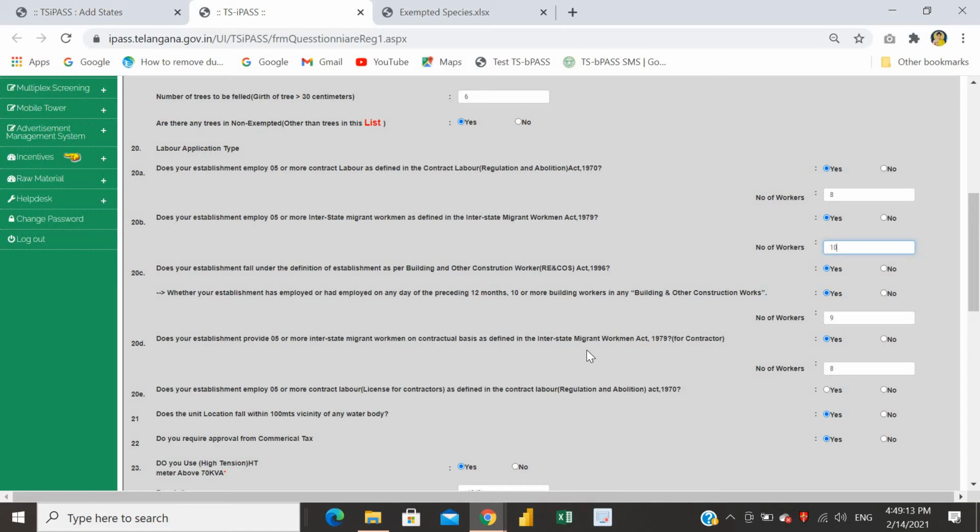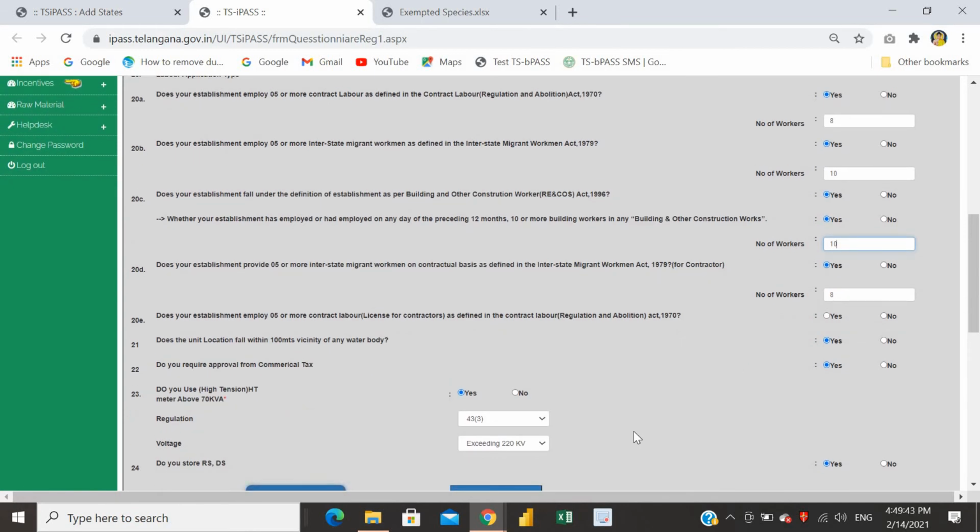So you can just look at the definition and see whether that establishment falls under this act or not. If it is so, we need to know how many people are employed. This particular act applies only to an establishment employing 10 or more building workers. So I am employing 10 building workers. Now I am giving 10.